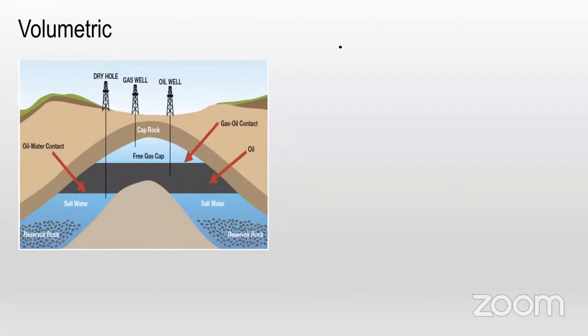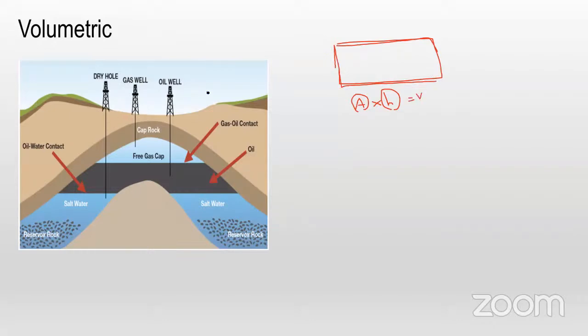As I mentioned in the first or second slide, with 2D you can find the volume by multiplying area by thickness, the isopach. For example, you have a field with an area, and after that you can find the volume.